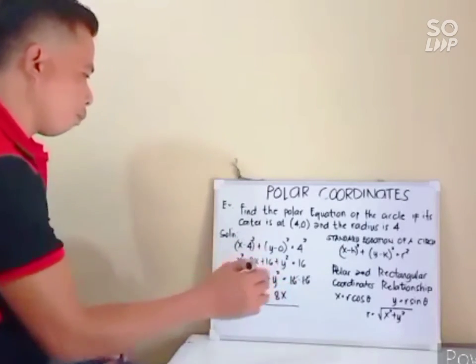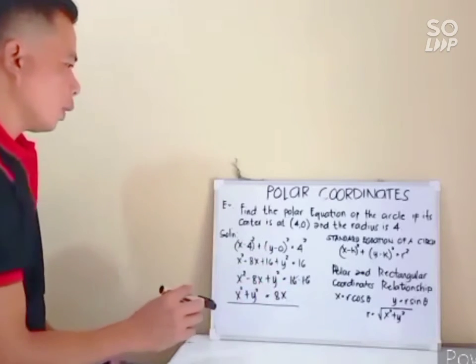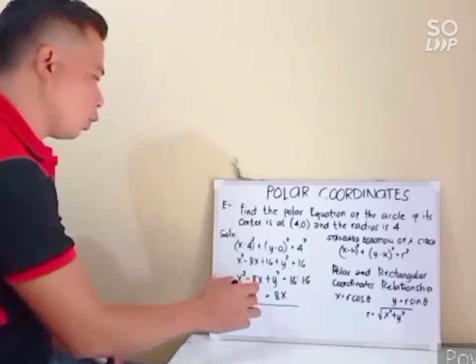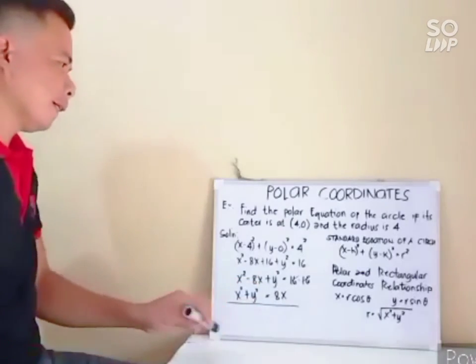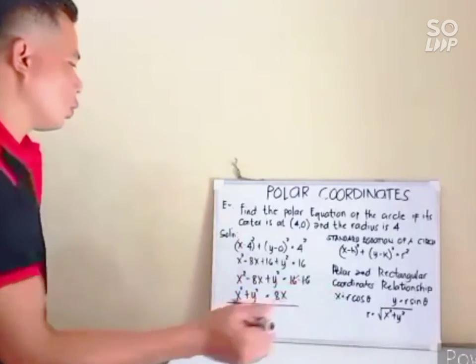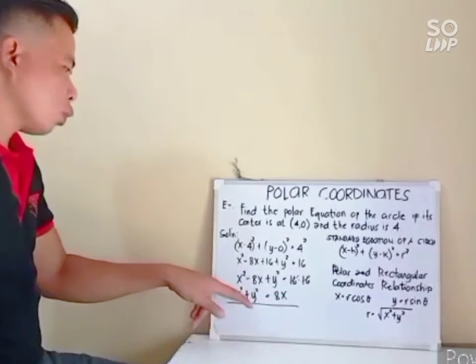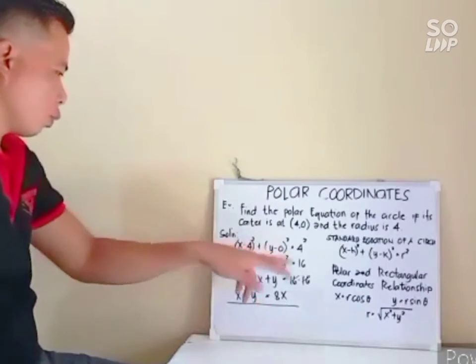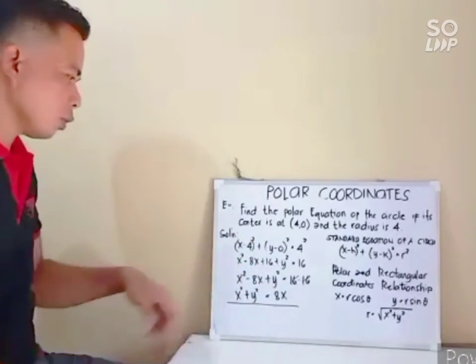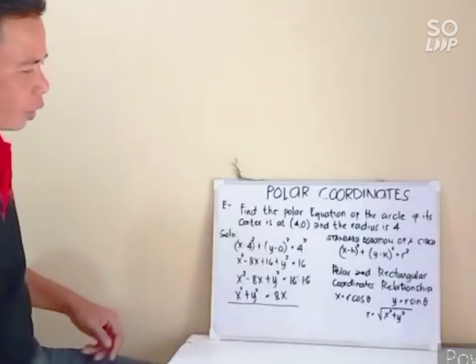Then, put it in a standard equation. Transpose the 8x to the other side, so it becomes x squared plus y squared equals 8x.